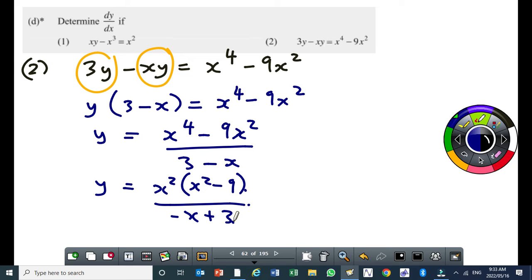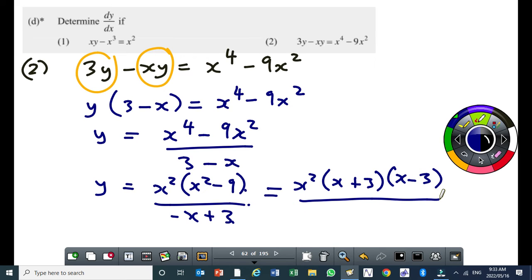The reason why I'm doing that is because I have seen that this binomial is a difference of what? 2 squares. Remember when you first took difference of 2 squares? You work them out. So this will be equal to x squared times x plus 3 times x minus 3, all over. Now this, I can factor out minus 1 and get minus x minus 3, like that. So that factor and that factor, they will cancel out.